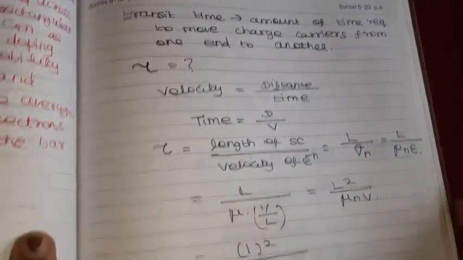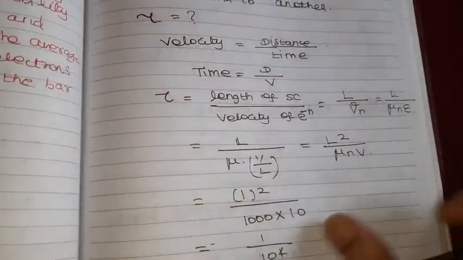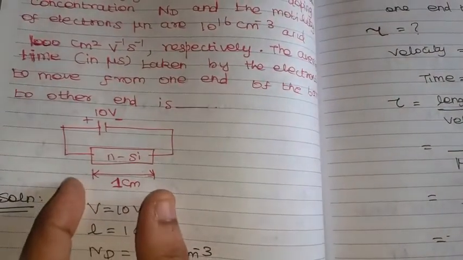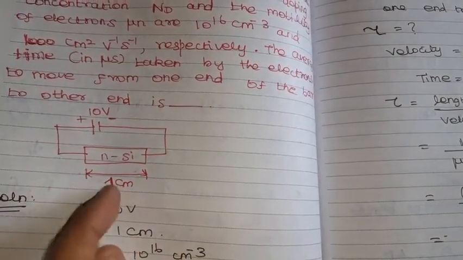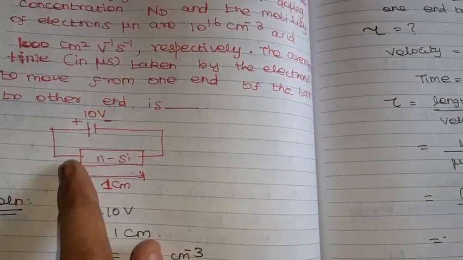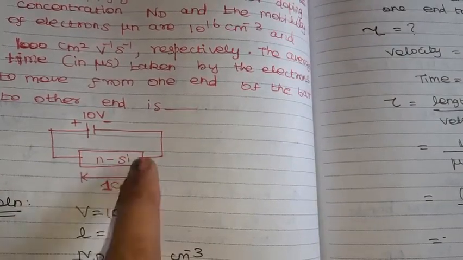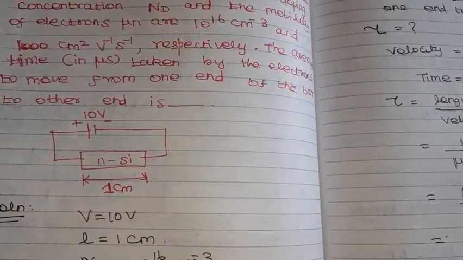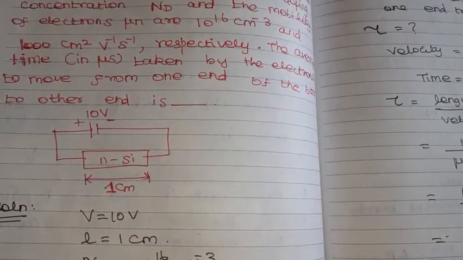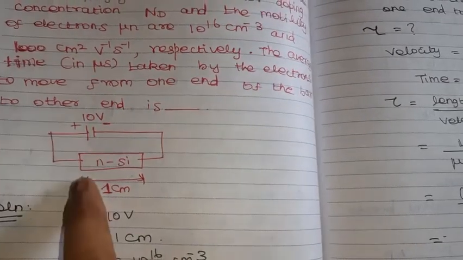The formula is the length of the semiconductor divided by the velocity of the electron, which gives the time required for the charge carriers to move from one end to the other.